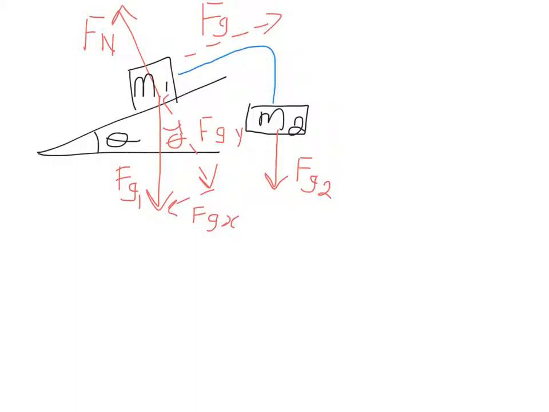When we look at this now, we understand that Fn and Fgy cancel out. And so the only forces that are left in our system are Fgx and Fg2. Sorry, I forgot to put a 2 in that one. So when I come to my equation, let's see if I can remember how to do this.